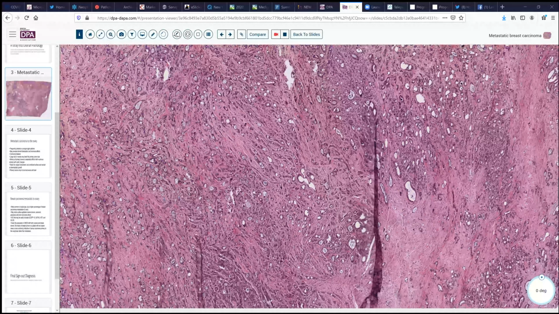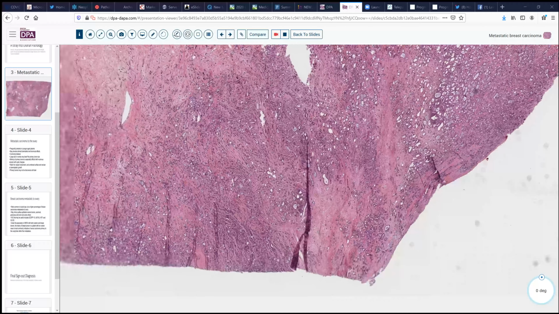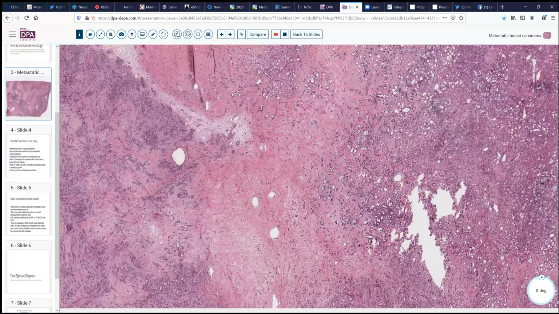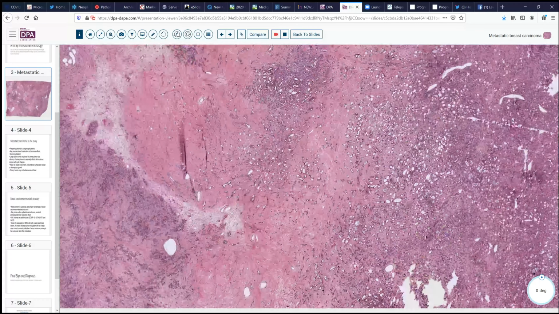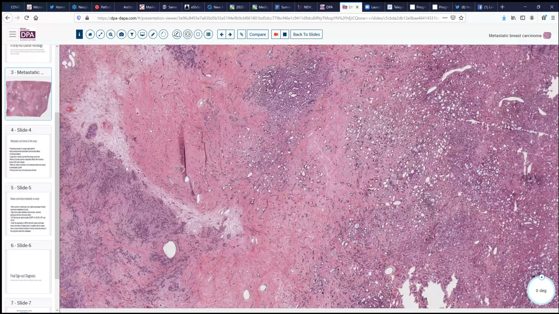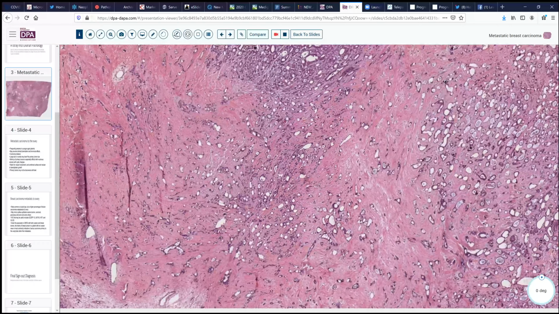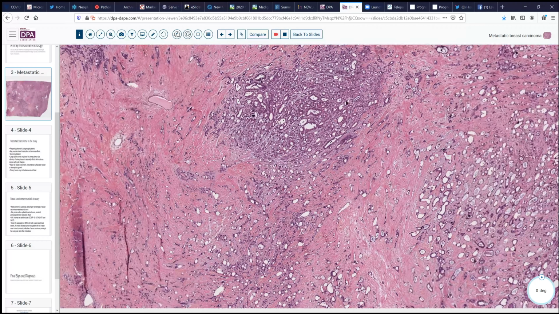We will look a little bit further and think what stains might be useful to differentiate these. Certainly, there are several stains that could be useful in differentiating breast from intestinal from ovarian. GATA3 comes to mind as a possibility.